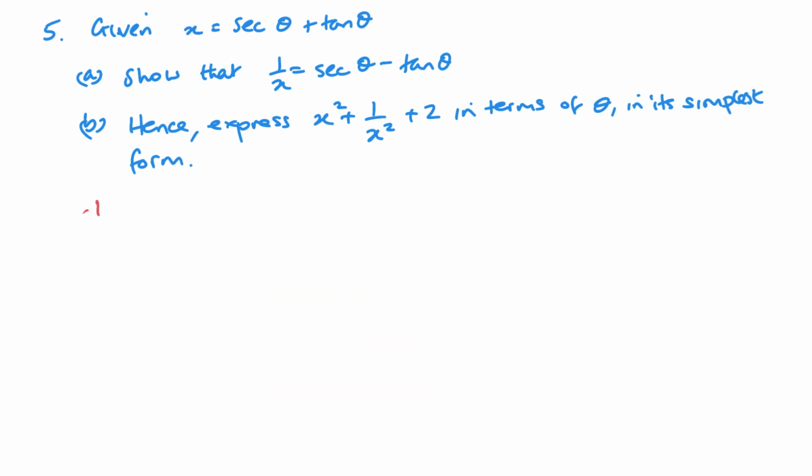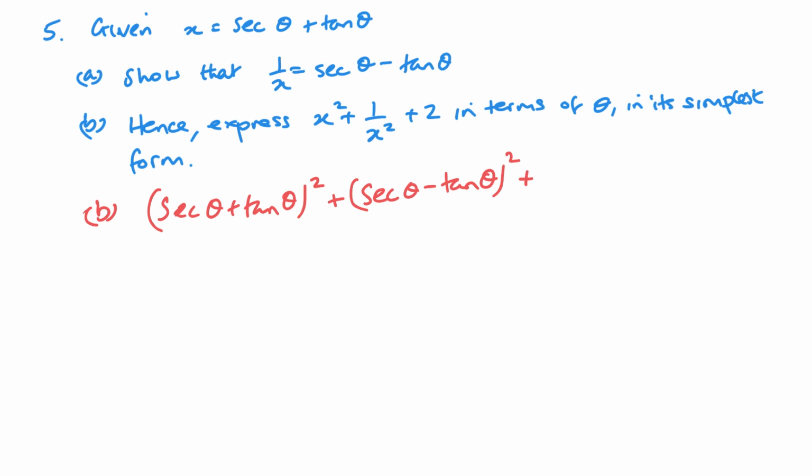So part B, x squared, so we're looking at (sec theta plus tan theta) squared, plus 1 over x squared, so this is going to be (sec theta minus tan theta) squared, plus 2.